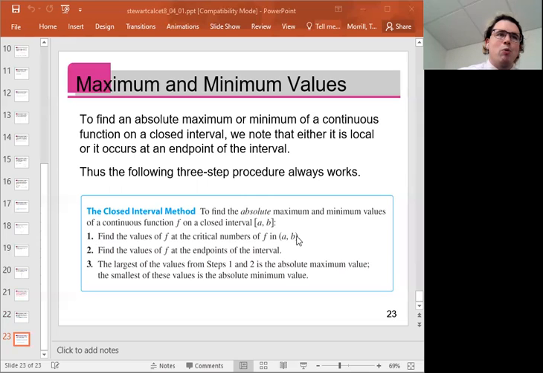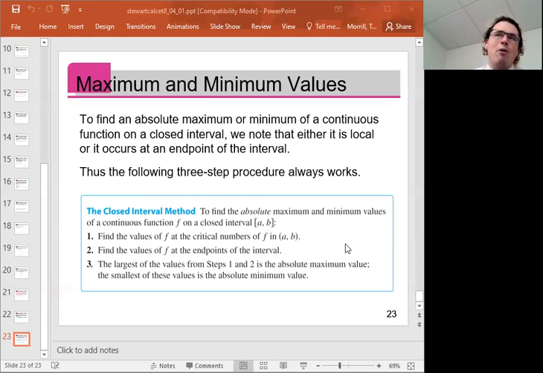So step number 1, we're going to find all the critical values of our function, and we're going to evaluate the function at each one of those critical points. Step number 2, we are also going to calculate f at the 2 different endpoints of the interval.